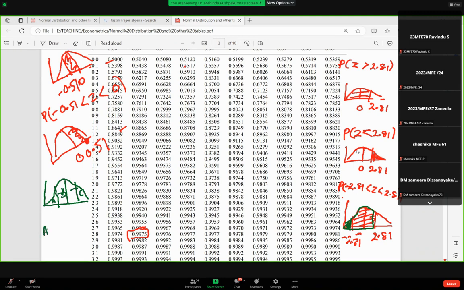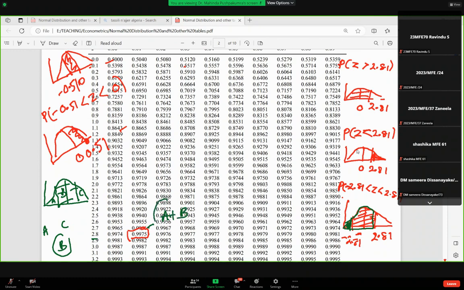Then we have here A, C, and B. We want to find the probability related to area B, that means this area. When you read 2.81, your answer is equal to A plus B.